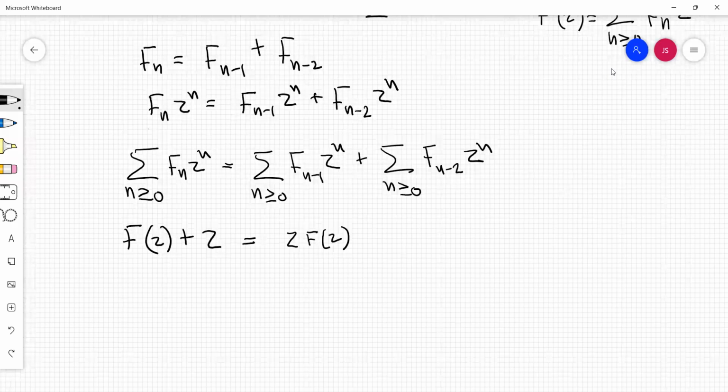Okay, let's see. Can't we rewrite this like fn plus 2 is equal to fn plus 1 plus fn, for n greater than or equal to 0?